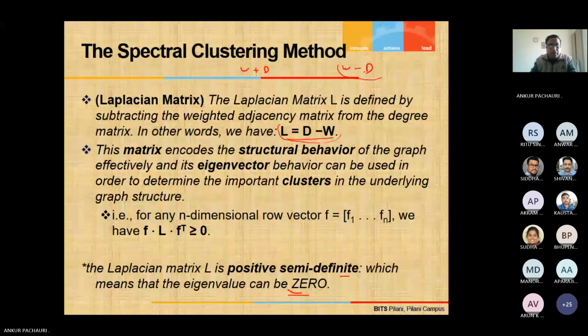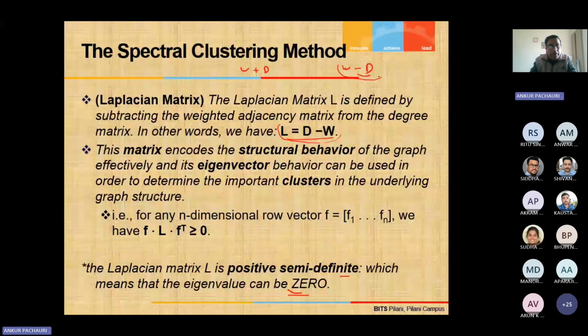Because the degree of each node will at least be 0 or some non-zero value. So definitely when I subtract D from the weighted matrix, all the diagonal entries will either be 0 or negative.